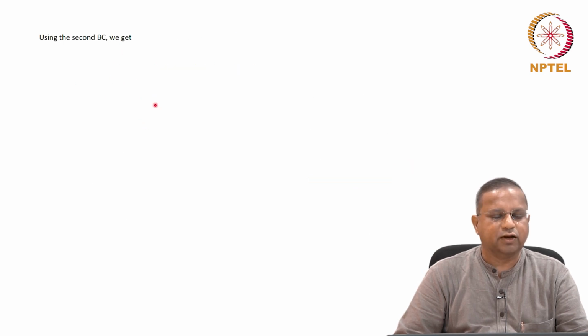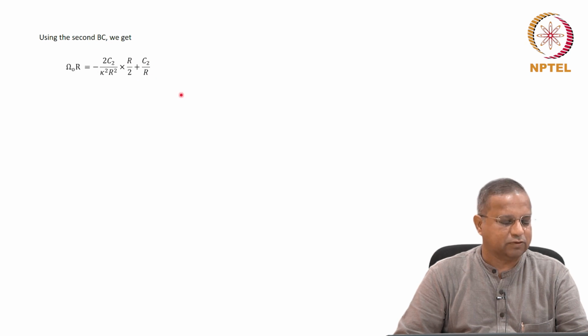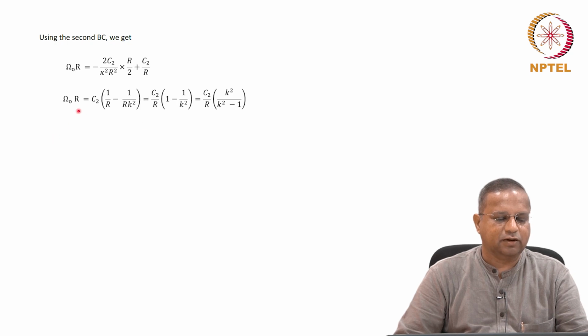And that is what we have done here. Omega naught r equals, this is the velocity at r, equals minus 2 c2 by k squared r squared times r by 2 plus c2 by r. Just substituted whatever we had for c1, and then we get an equation. You simplify this, 2 cancel, and r cancels with 1r, and you have a minus here.